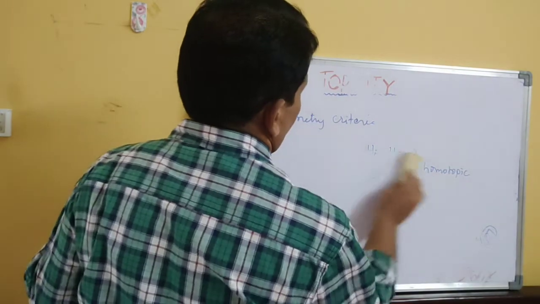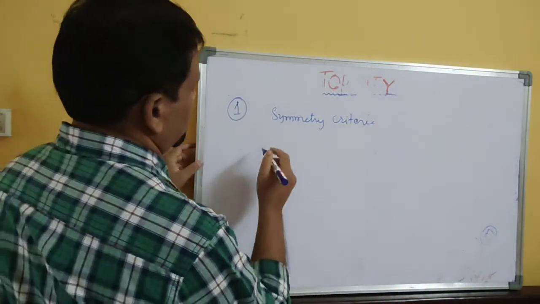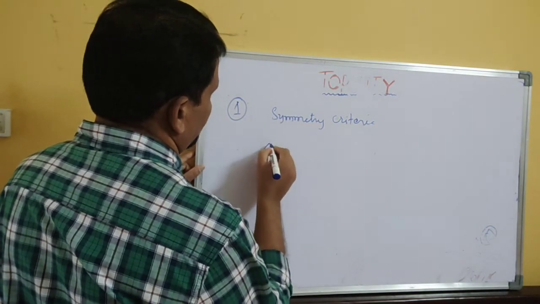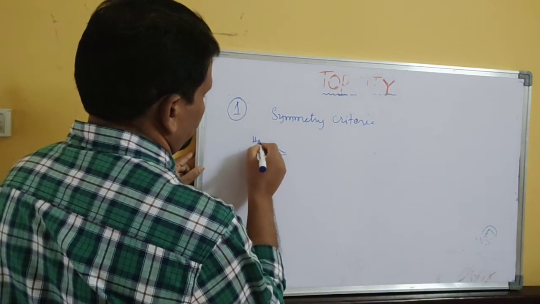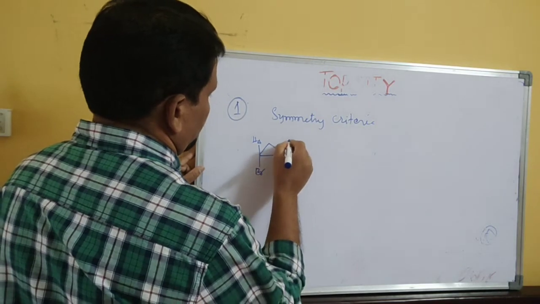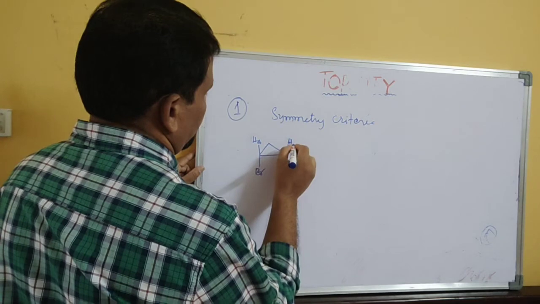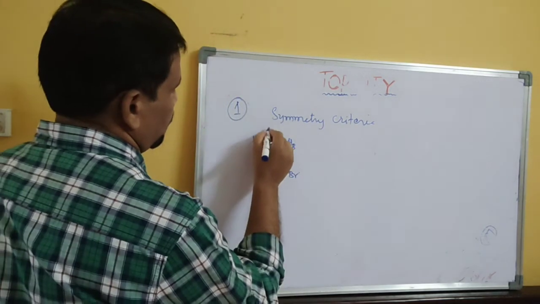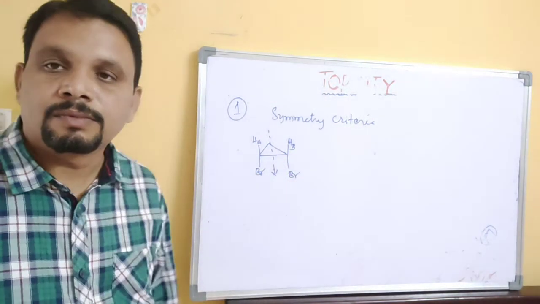Okay, and what about this cyclopropane, substituted cyclopropane, with HA and Br, HB and Br? It also has an axis, a CN axis.